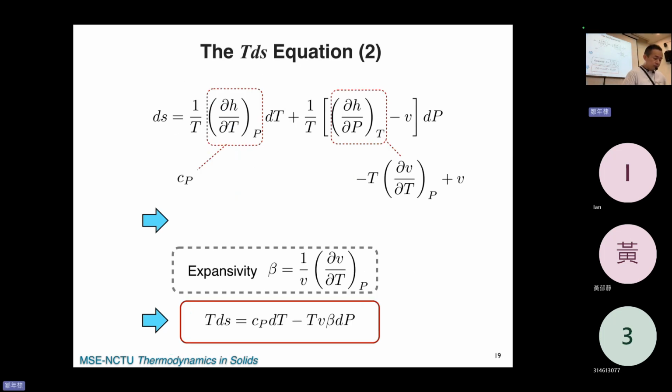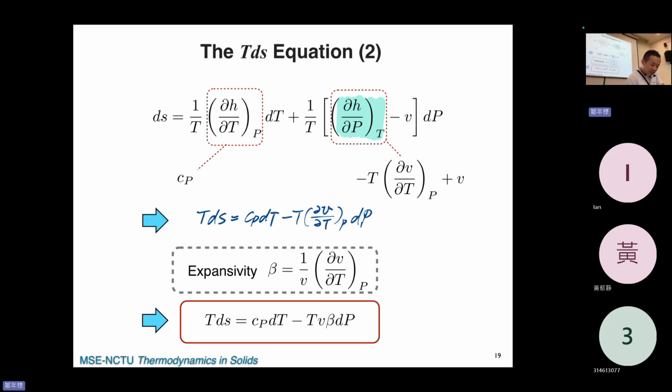Right, let's continue. So again, this is the blue part. The blue part equals this. We obtain here, right? Okay, and again, this one is CP. So luckily, TdS equals CP dT minus T (partial V over partial T at constant P) dP.